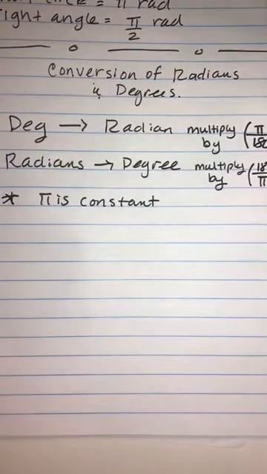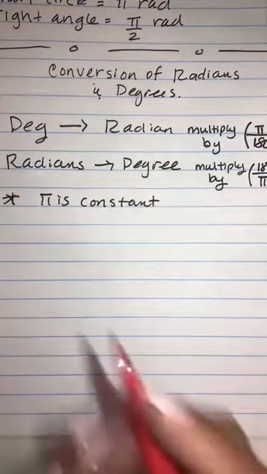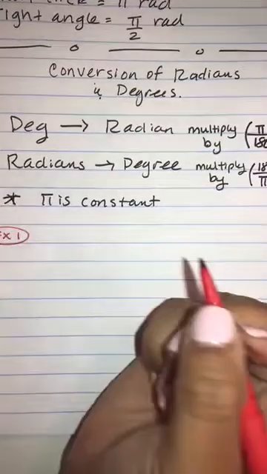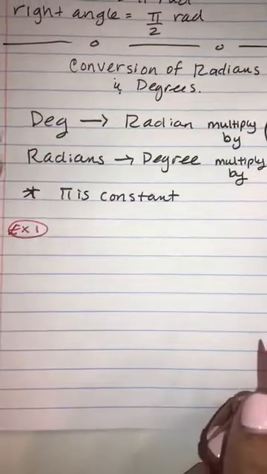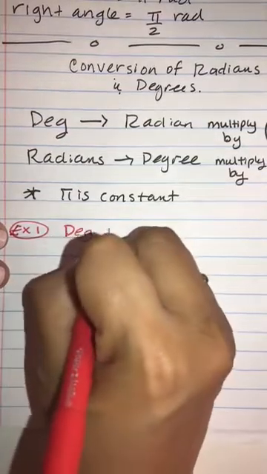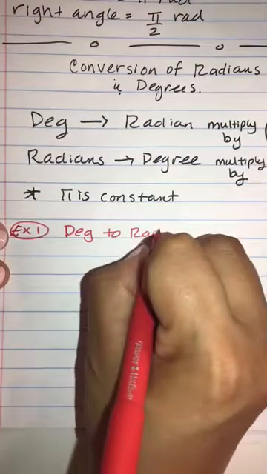Okay, so here's our first example. So this is example 1, and you're going to go from degrees to radians.